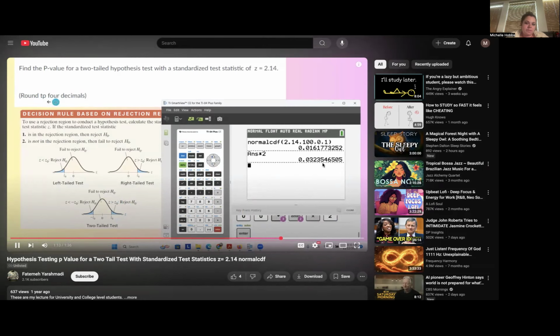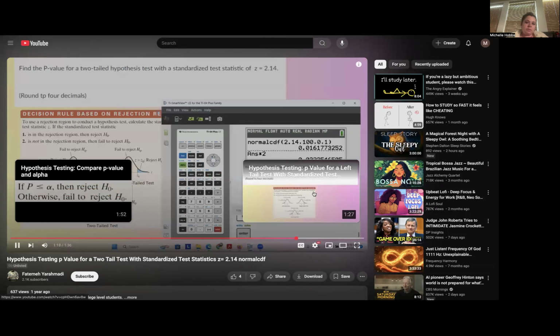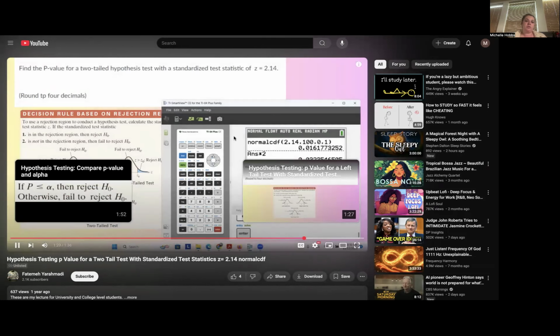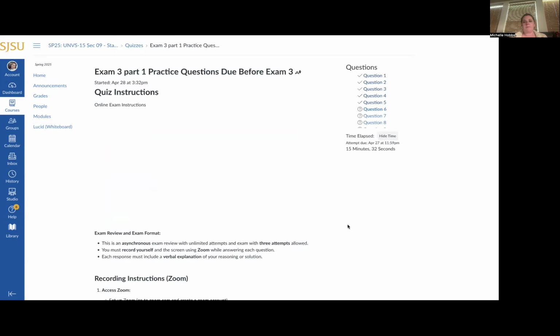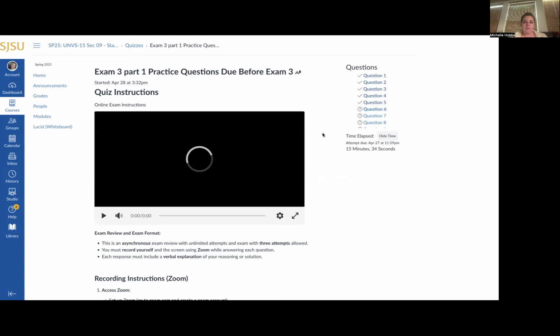Yep. And since the question says round to 4 decimal places, we're going to write 0.0324. Yep, that is what I got. So 0.0324. Okay.